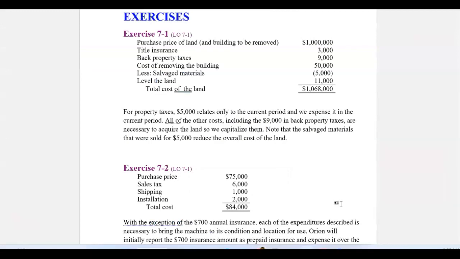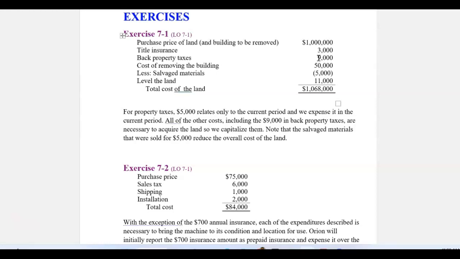So the purchase price of land is $1 million. We know that. We paid also for title insurance, escrow fees, back property taxes. Back property taxes are part of the purchase price because it was not the new owner's responsibility to pay that.